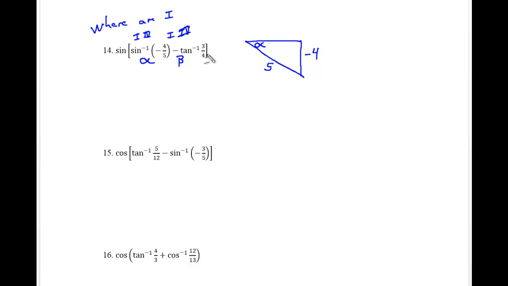Notice my tangent's positive, so if I'm in either the first or fourth quadrant and the tangent's positive, then I have to be in the first quadrant, because my tangent would be negative in the fourth quadrant. So this is going to be opposite over adjacent. Here's my beta. Now we have to find these missing sides, and as I said in a previous video, if you see a 3 and a 4, the missing side is going to be a 5, or in this case the missing side would be a 3.